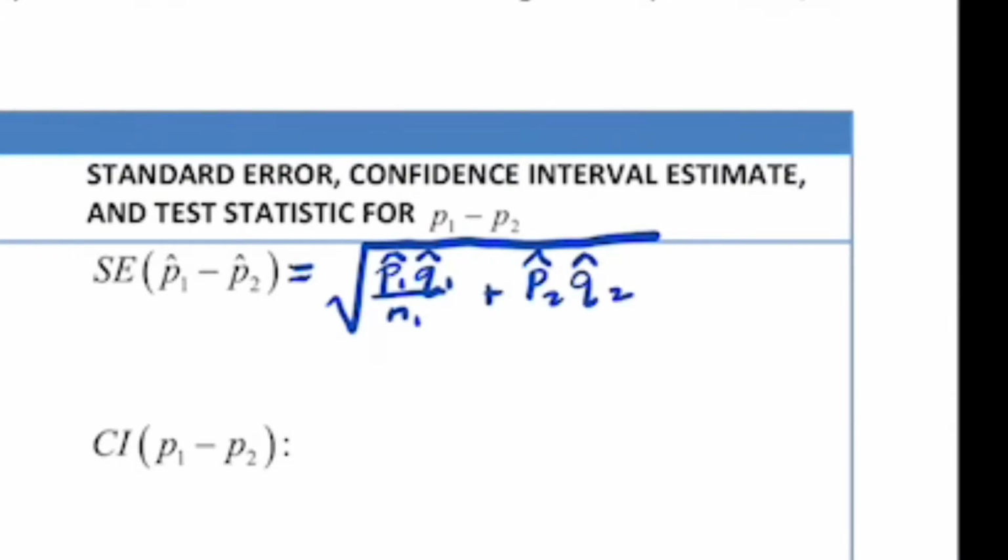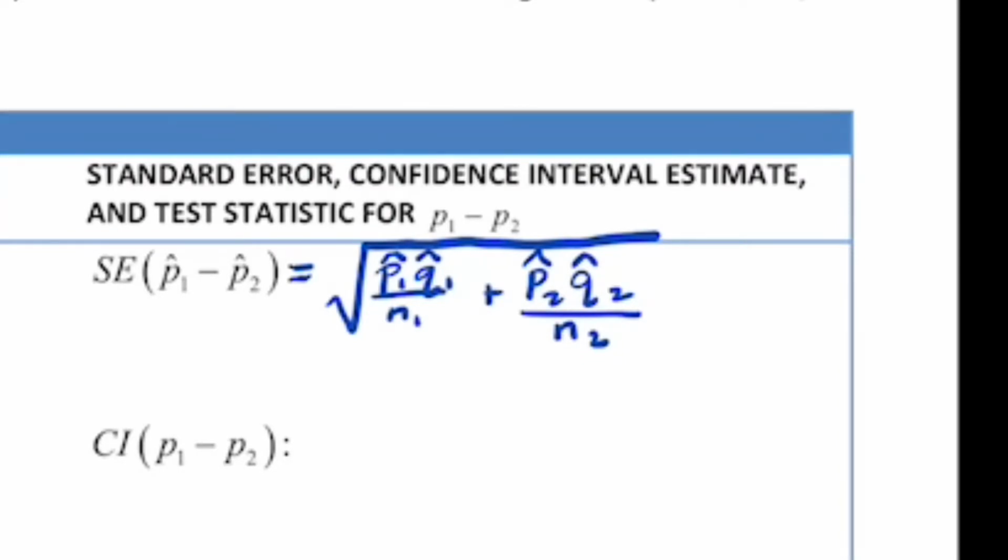There is such a thing as pooling the standard errors to make this new standard error, but we're not going to do that in this class. It's easy enough to learn how to do as long as you have these basics.